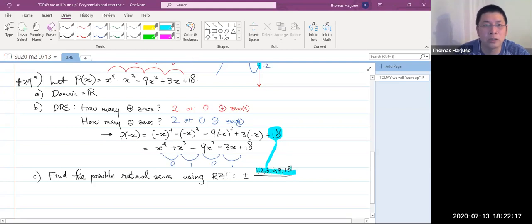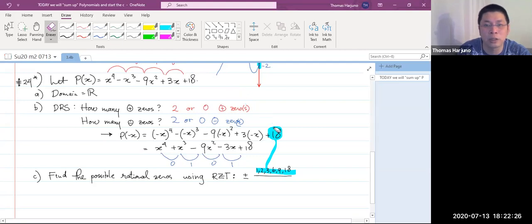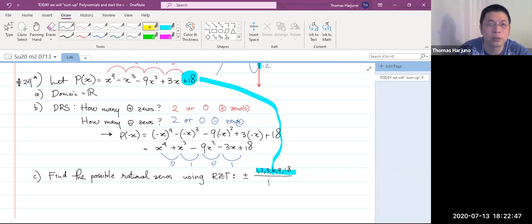Actually, not that 18, but this 18, from the original polynomial, even though they will be just the same. Then on the denominator, there will be the factors of the leading coefficient, which is just 1.